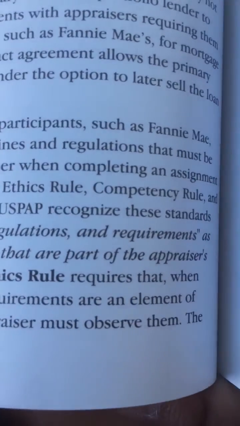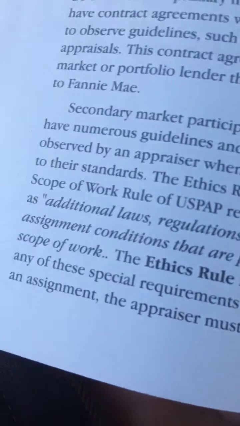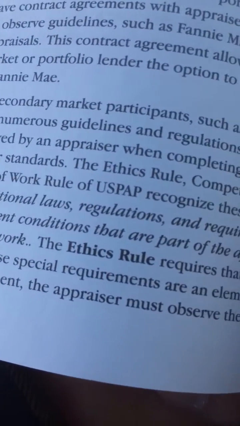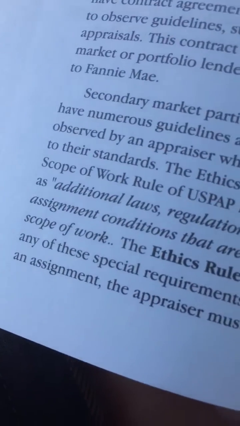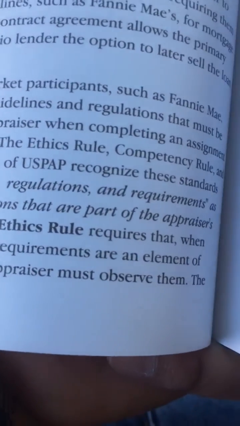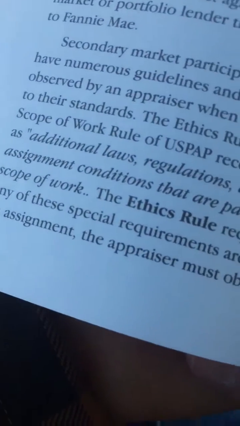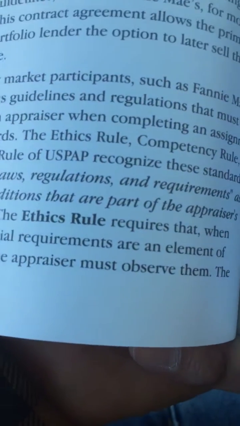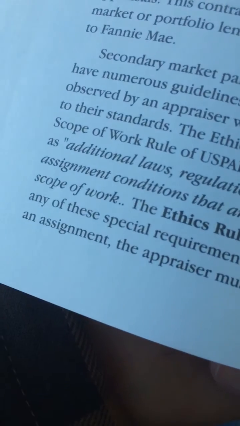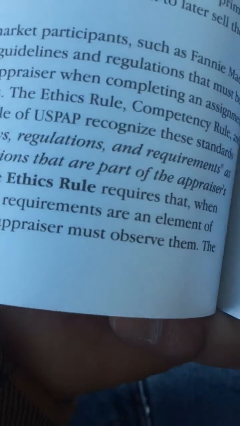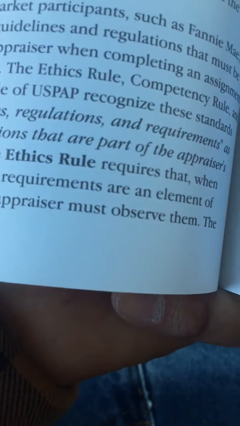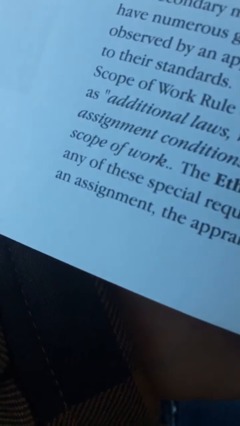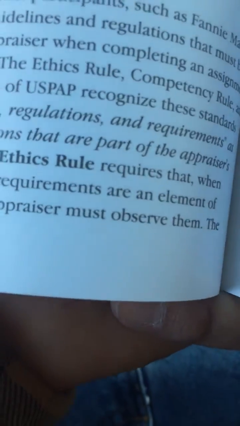The ethics rule, competency rule, and scope of work rule of USPAP recognize these standards as additional laws, regulations, and requirements as assignment conditions that are part of the appraiser's scope of work. The ethics rule requires that when any of these special requirements are an element of an assignment, the appraiser must observe them.